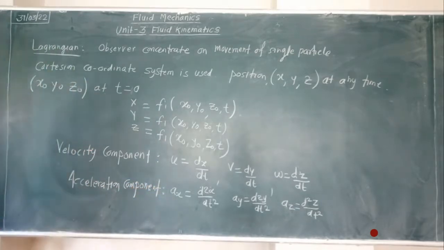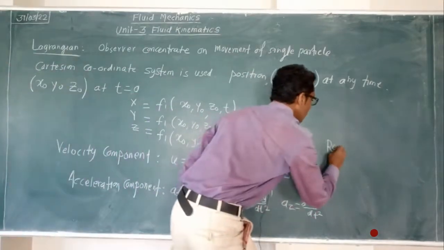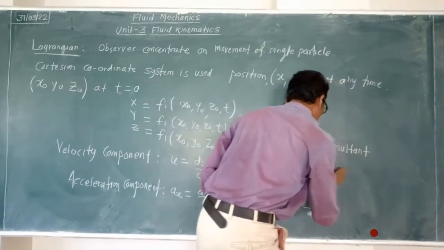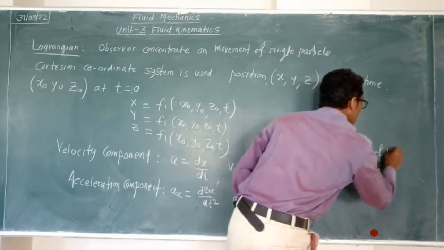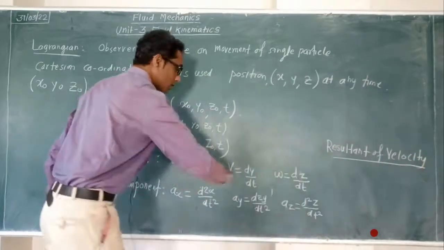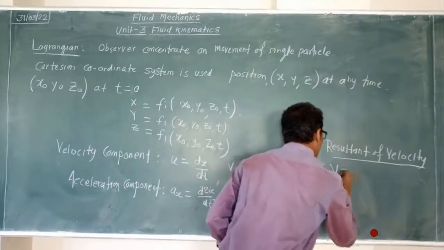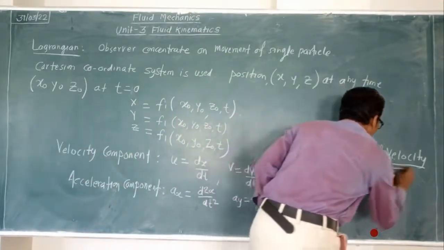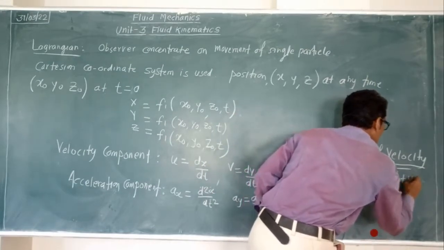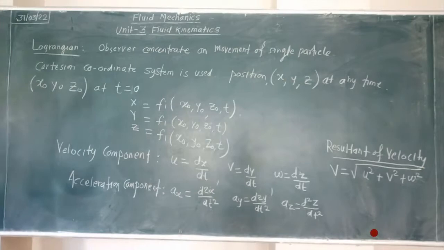Okay, now the resultant component of each. Resultant component means the resultant of the velocity components. These are the three velocities along x, y, z direction. The resultant velocity will be capital V is equal to the square root of the sum of squares of velocities in all directions: u square plus v square plus w square inside the square root.